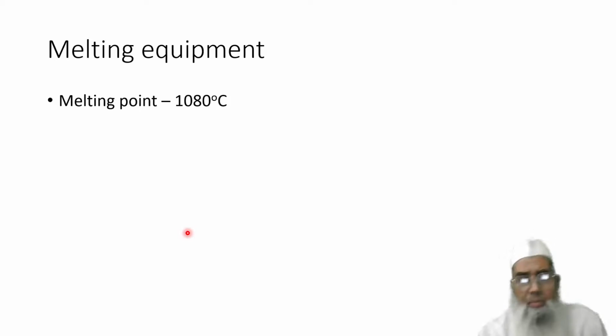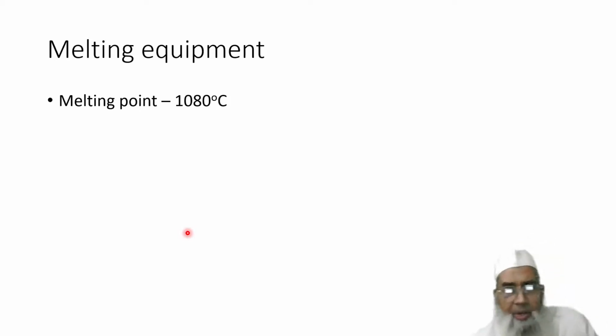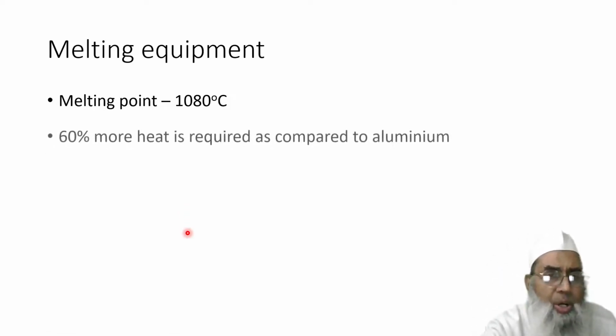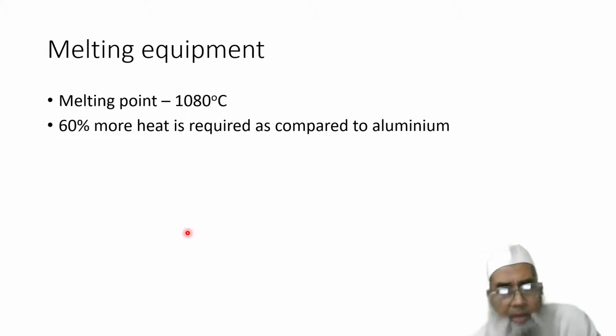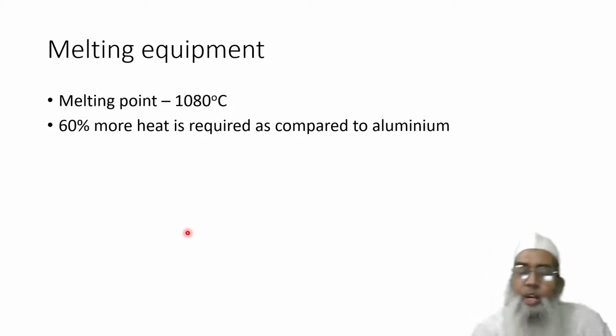Now, as the melting temperature is moderate, about 1080 degrees centigrade, we can go for a good alternative very similar to aluminum. However, it requires 60% more heat than aluminum.